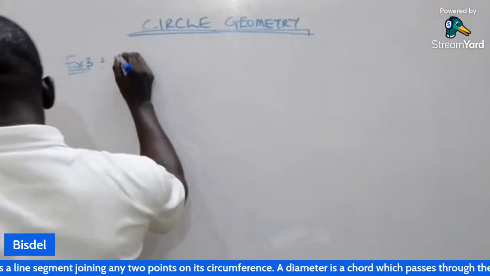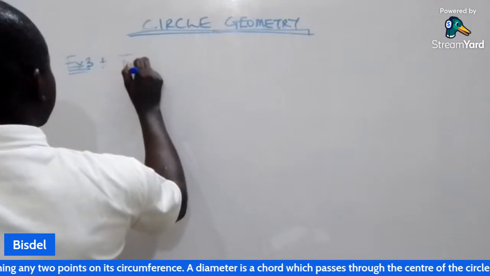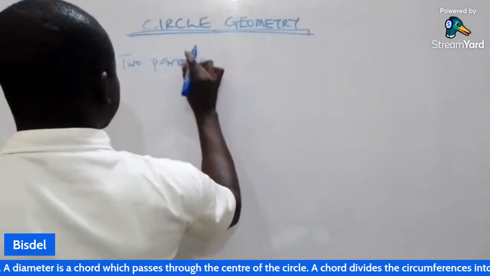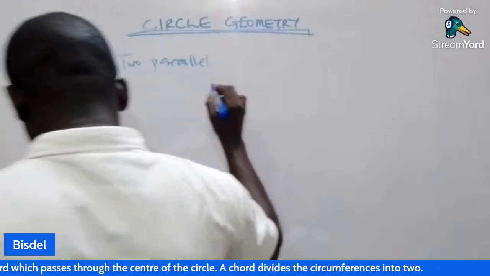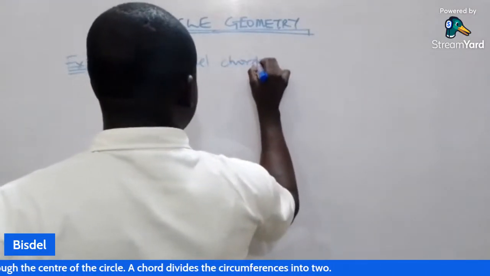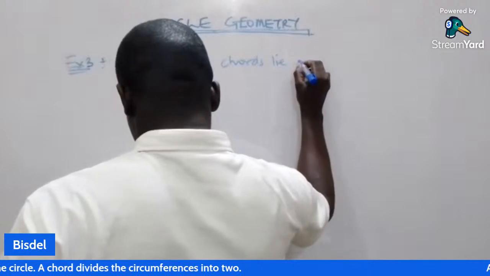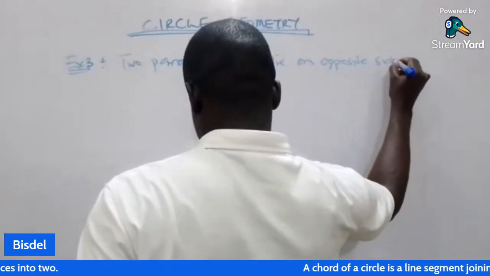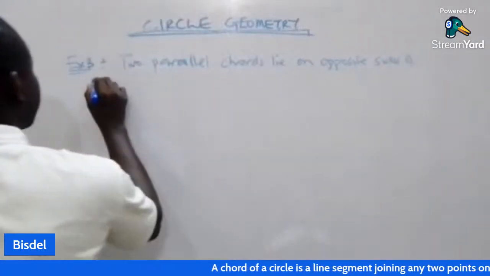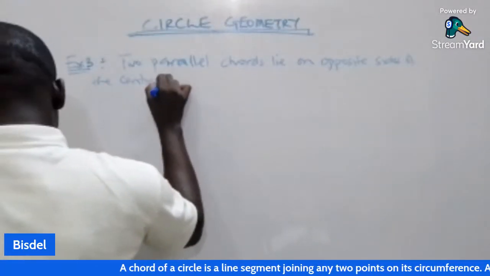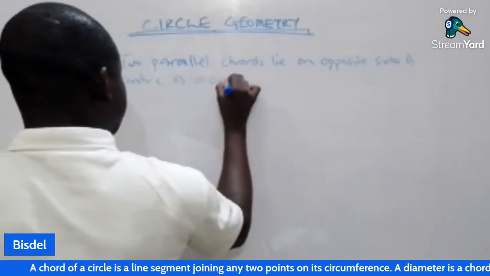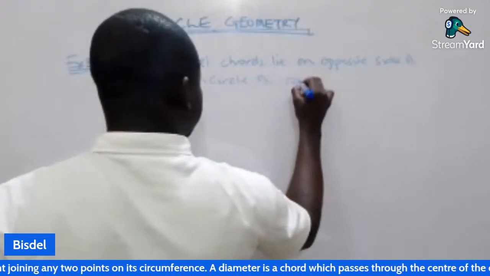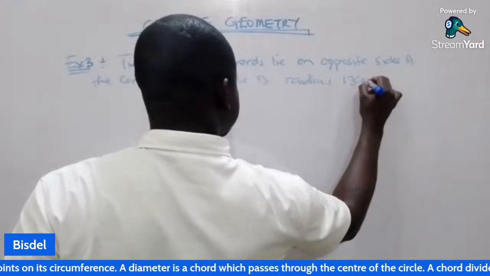Okay, example 3, where we have two parallel chords lie on opposite sides of the center of a circle of radius 13 centimeters.